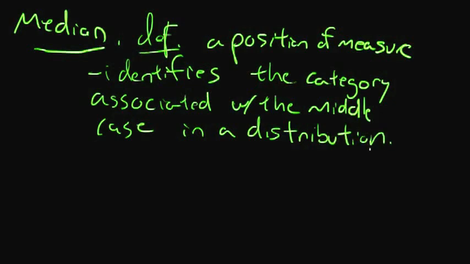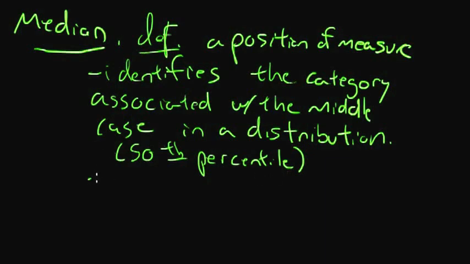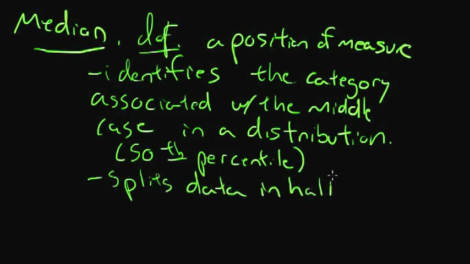Okay, so what does that mean? Well, what that means is, what we actually calculate is the 50th percentile. Which is pretty neat. And what this really does is it splits all the data right in half.